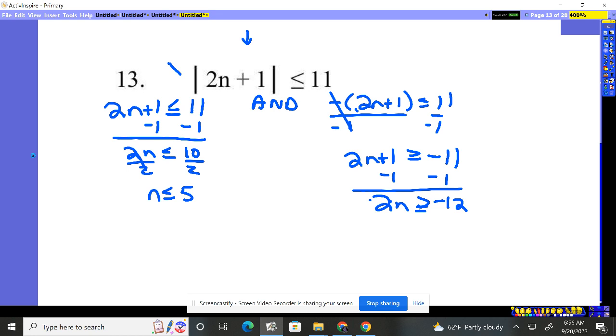Divide by the 2. You're going to end up with n is greater than or equal to -6, and this is an and. I'm fine with you putting it that way, though really the best way would be like this, where n is between the -6 and the 5.